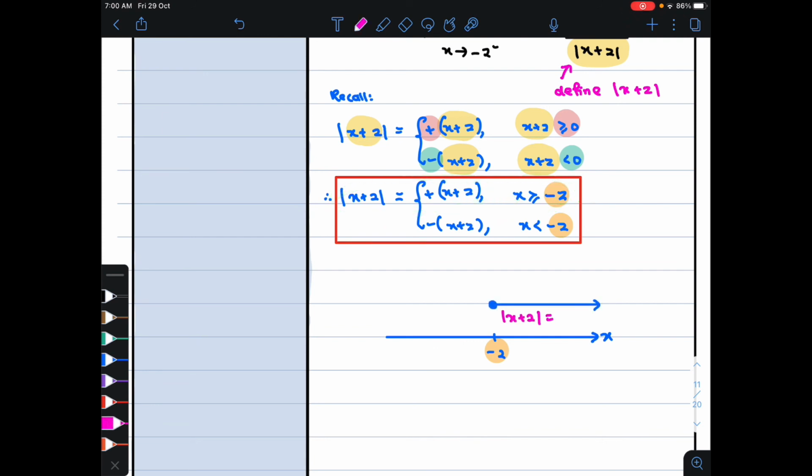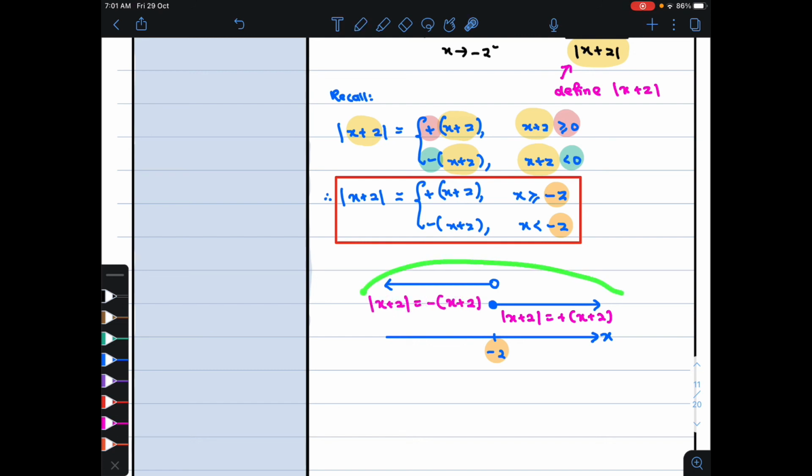So modulus x plus 2 will become positive x plus 2. And for the second row, when x is less than -2, the function is negative (x plus 2). Therefore, modulus x plus 2 will become negative (x plus 2).